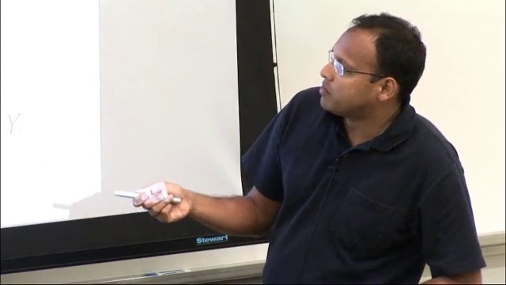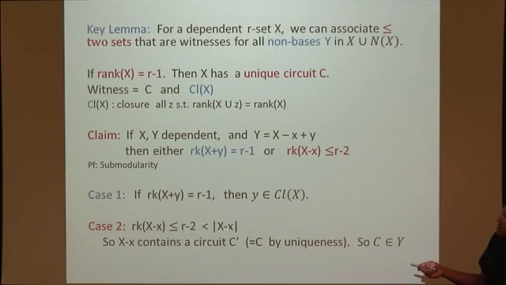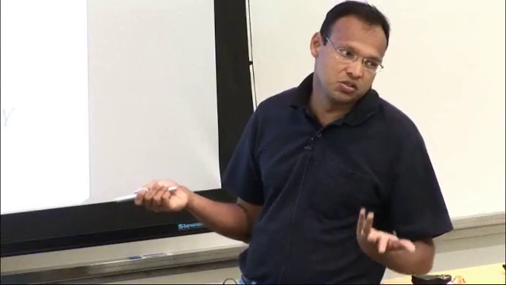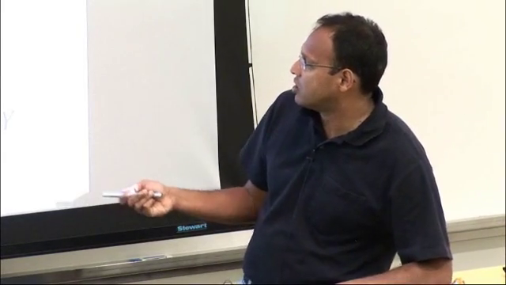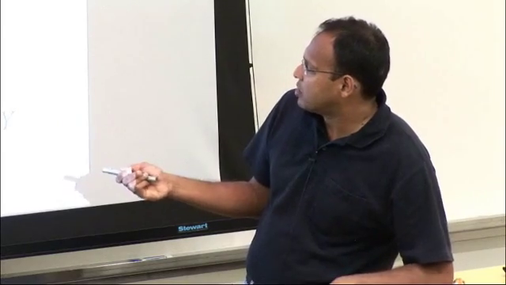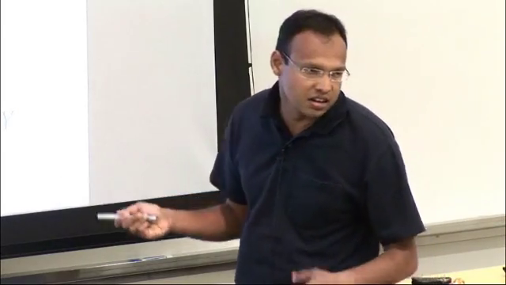And if the rank of X minus x was R minus 2, notice that R minus 2 is strictly less than the cardinality of X minus x, because the cardinality of X was R, so this is R minus 1. It means X minus x must contain some circuit, but that circuit also lies in X, and X only has a unique circuit because it was of rank R minus 1. So if I just specify this circuit I, that tells you the reason why your rank is R minus 2.